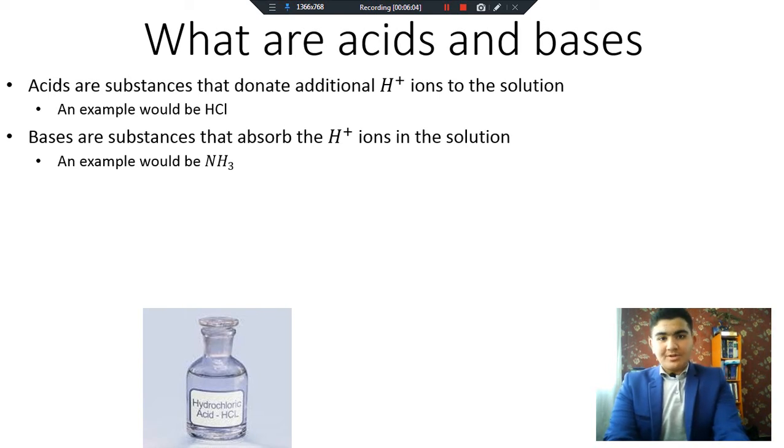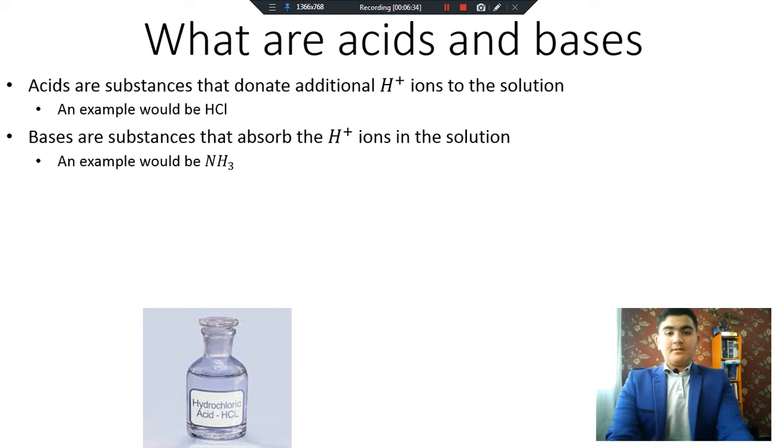Ammonia is NH3, plus a hydrogen ion, equals ammonium, or NH4. And ammonium does not affect the pH value of a solution.